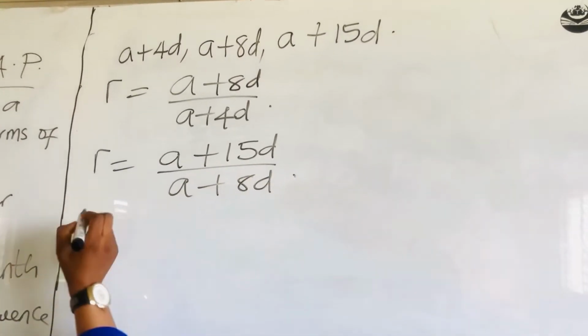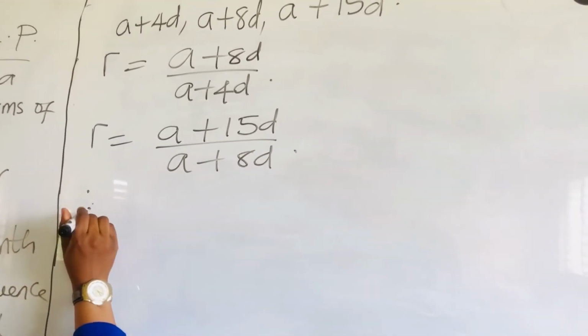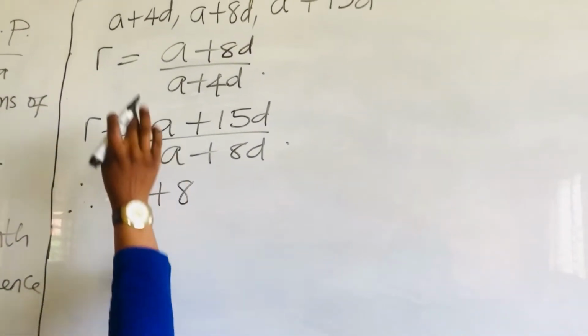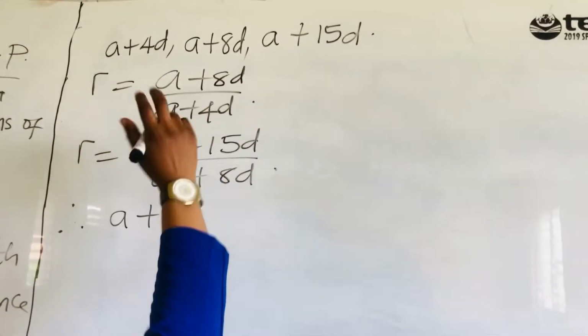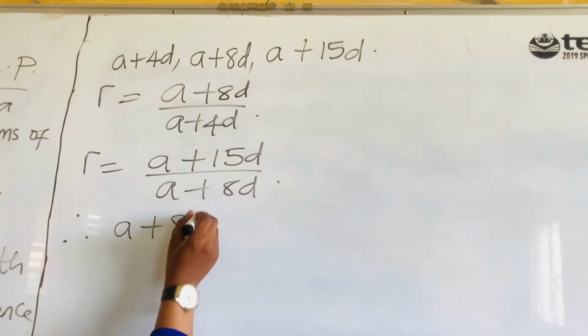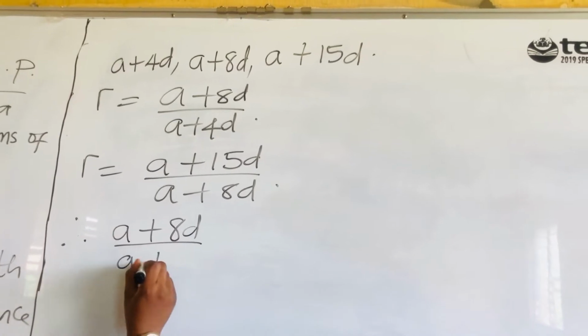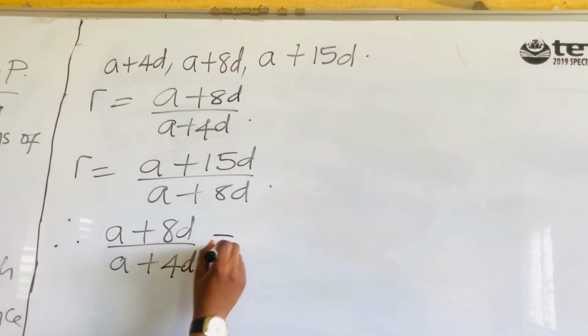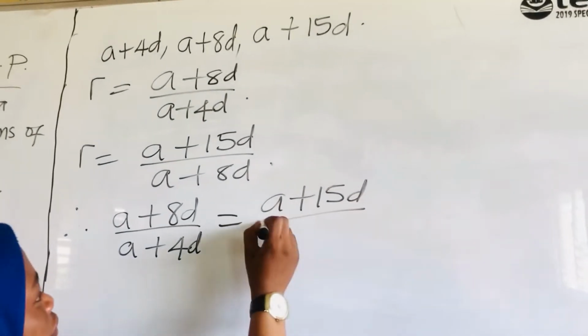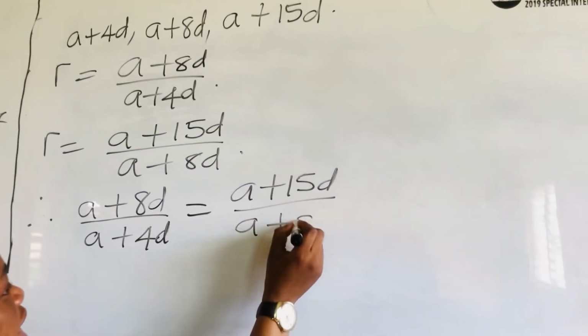So we can now say, therefore, we want to equate the two equations together. a plus 8d over a plus 4d is equal to a plus 15d over a plus 8d.